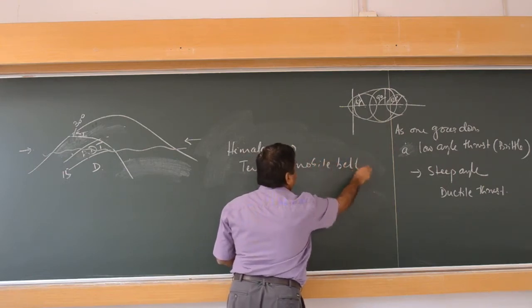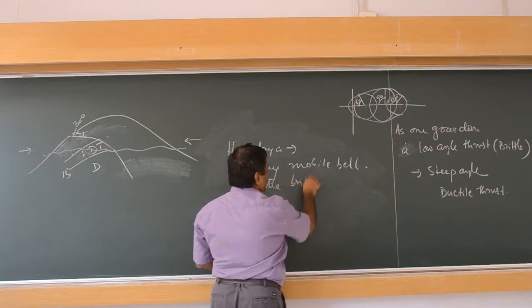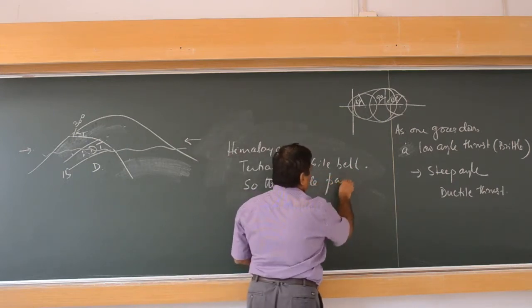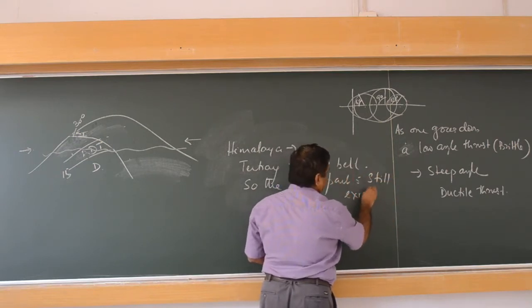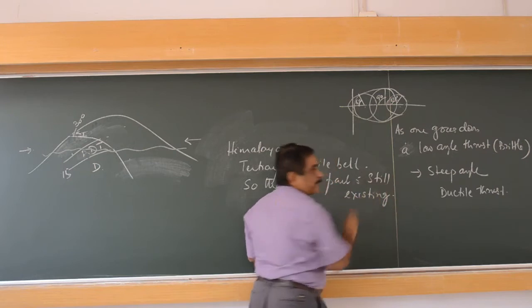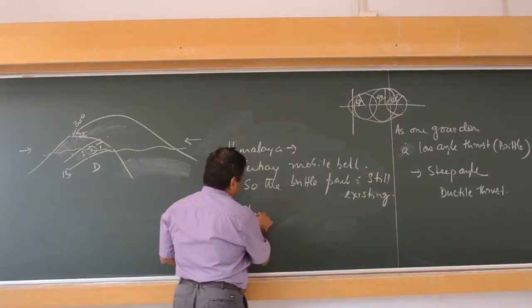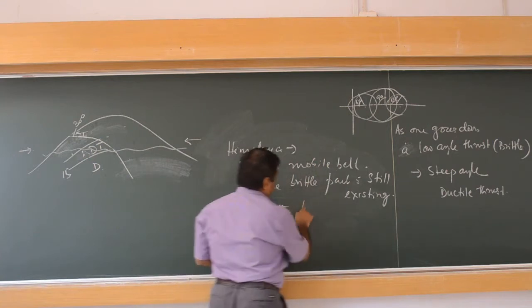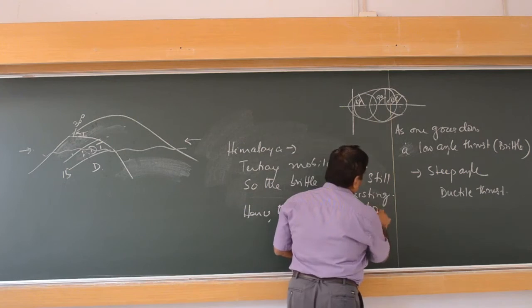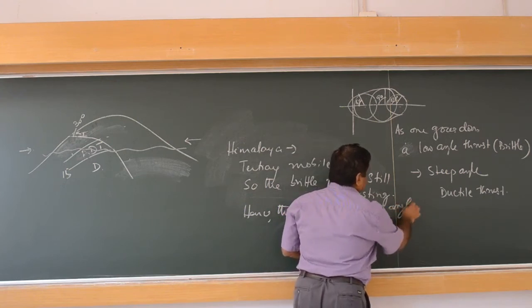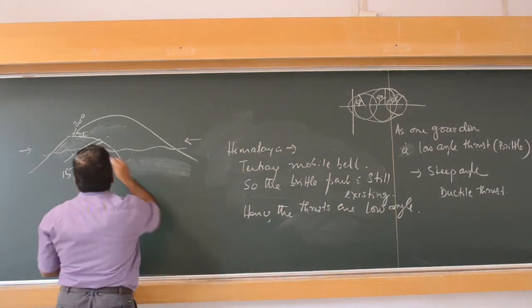So the brittle part is still existing. Hence, the thrusts are low angle. Low angle. You must have read in your MSc days.